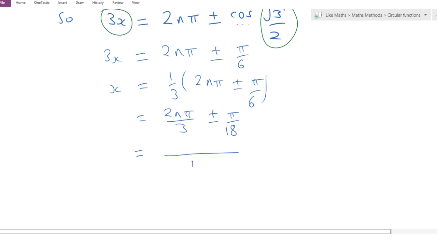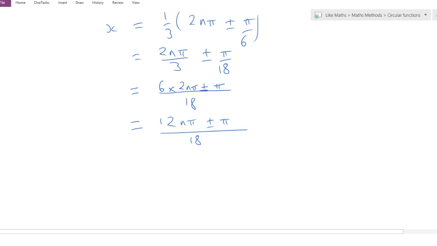So common denominator 18, 3 into 18 goes 6 multiplied by 2 and pi plus 18 into 18 goes 1 times pi, plus or minus in there, which is 12n pi plus or minus pi over 18, which we could leave it like that, but the book has actually taken a pi over 18 out.